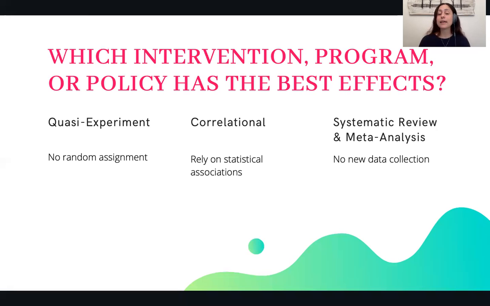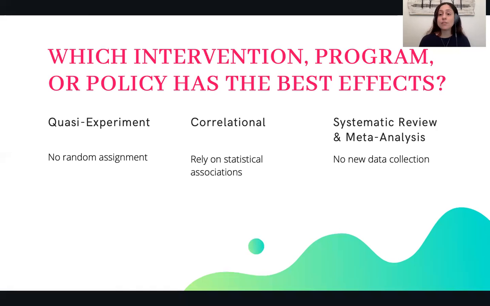So maybe they're going to look at, you know, all the different interventions for depression and then see, based on all of the articles they looked at, which one of these different interventions seems to be the most effective, right? These are very helpful, especially if you're new to the particular topic, because they're going to synthesize lots of research, and you could then use their reference list to find more individual studies, okay?